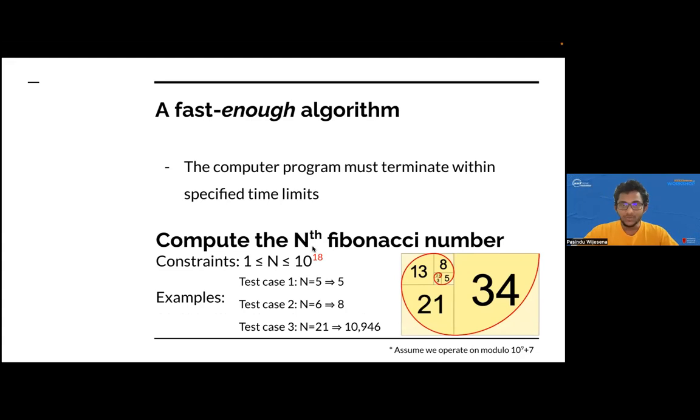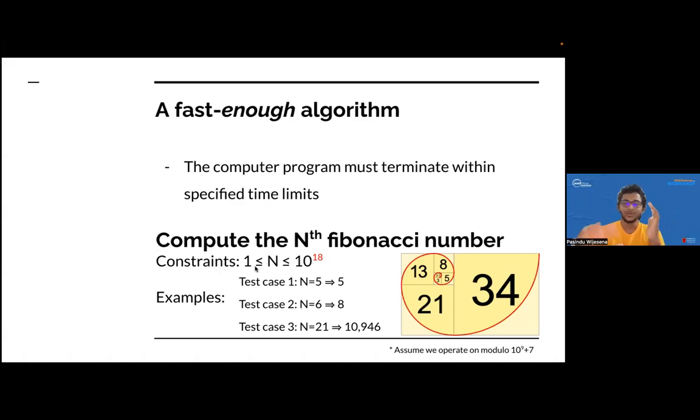Whenever you write a computer program, you write it with a placeholder. So the n is going to be something someone else is going to input, right? In a competitive programming competition, the grader or the evaluator is going to input this n. So the constraint specifies the limit of that n.